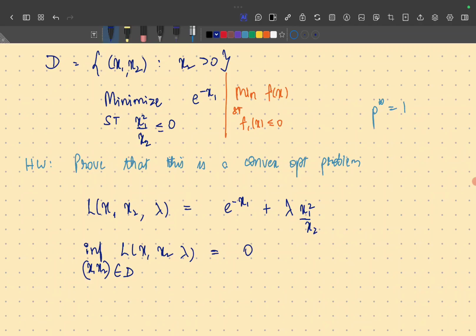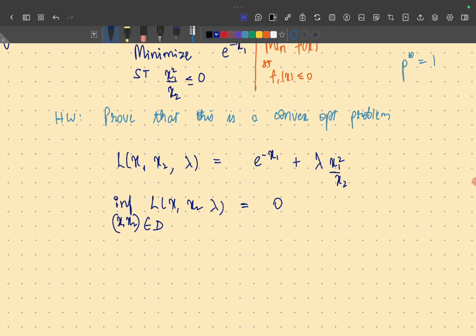So first, let's try to prove that the infimum is actually equal to 0. Let's try to convince ourselves that this is the correct answer. First you agree that L of x1, x2, lambda is greater than or equal to 0 for all x1, x2 in the domain and lambda greater than 0.